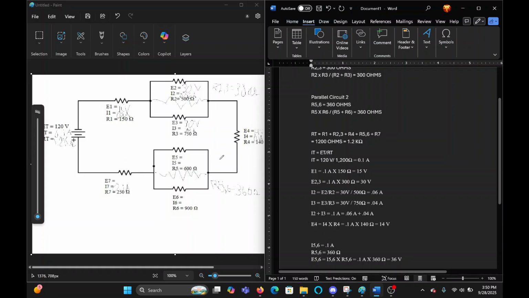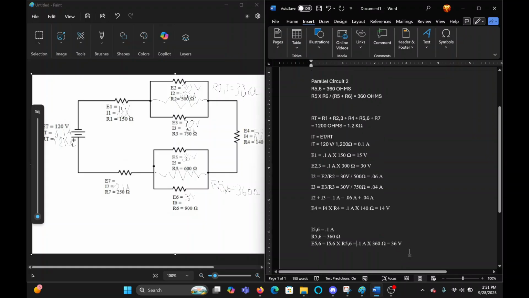So it's going to give you 36 volts throughout this whole entire parallel circuit. So it's 36 here, and it's going to be 36 here too. So now that we've got that, we can solve for the current inside the parallel circuit. So I5 is equal to 36 volts divided by 600 ohms.